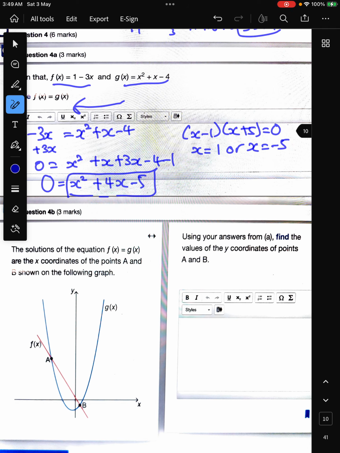And since we got two answers here, it means that the two graphs should meet at 2 points, which is illustrated in this graph here, at point A and point B.